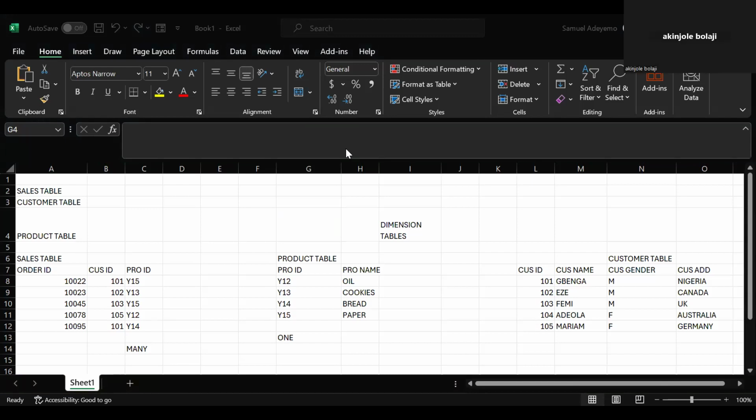Had it been that instead of 104 there I have 105, or maybe another entry, 106, that is not 101, I am going to have a one-to-one relationship in such a case. So from both tables, there are unique values here and unique values here. Exactly. Thank you very much, Bolaji.